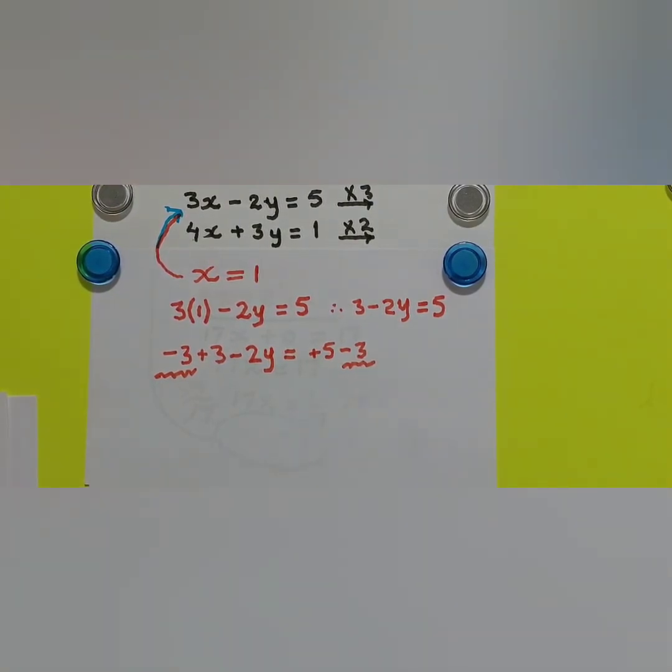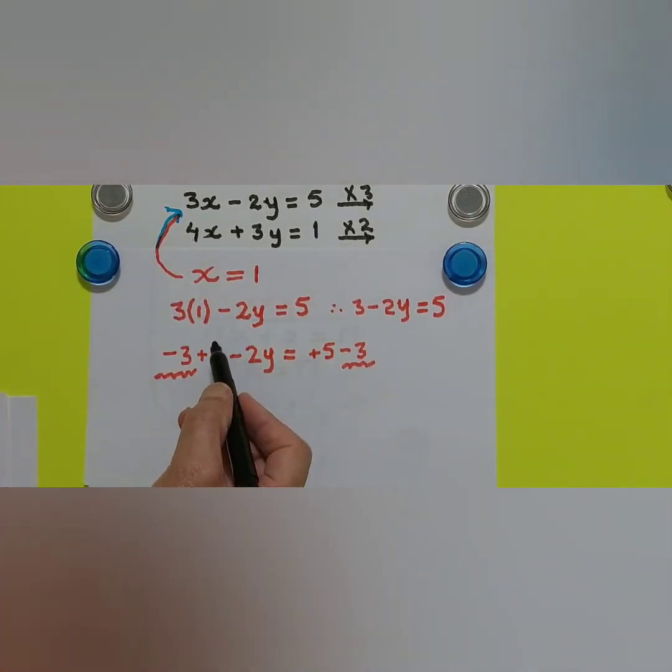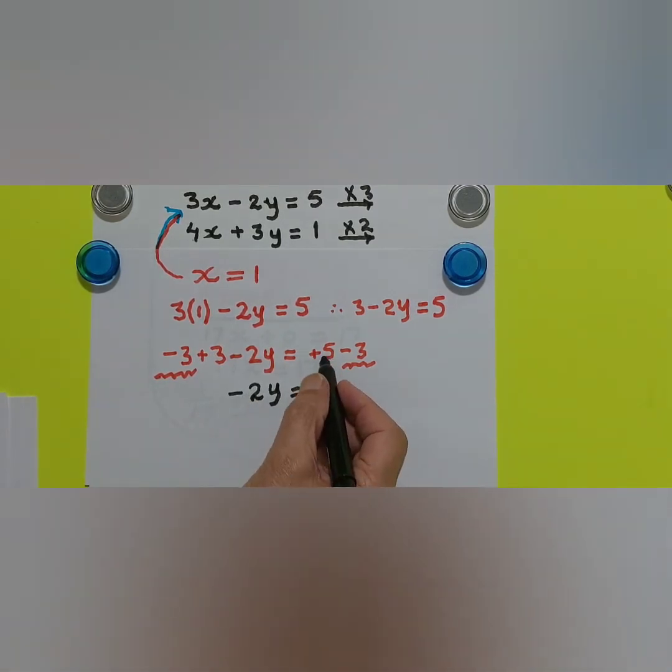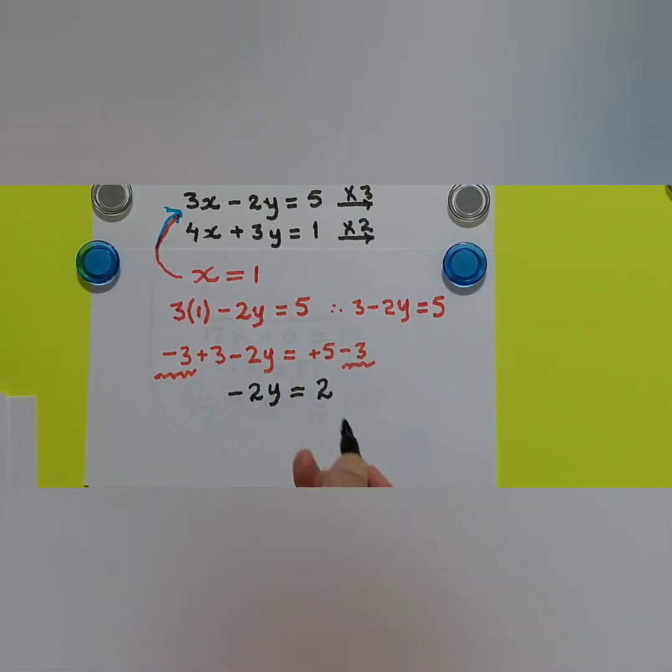The result of this step, those cancel together, we got minus 2y only here equals 5 minus 3, that means 2. And again, we just multiply both sides by the inverse of 2 or negative 2, whatever. If you deal with negative, that's fine. That means the inverse is negative half.